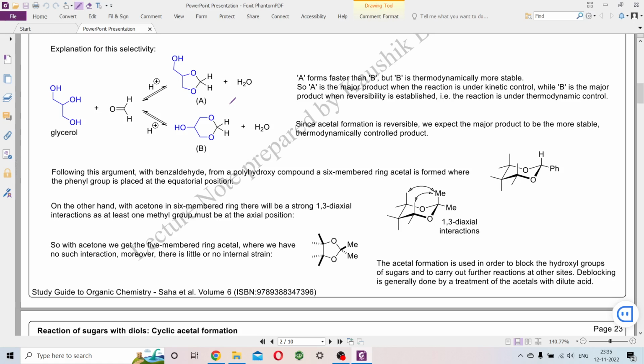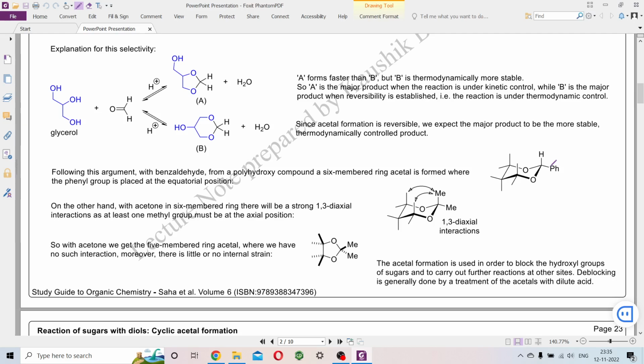Now following this argument, if benzaldehyde is reacted with a polyhydroxy compound, a 6-membered ring acetal compound will form, where the phenyl ring is placed preferentially at the equatorial position, assuming the approximate chair shape for the 6-membered cyclic acetal.